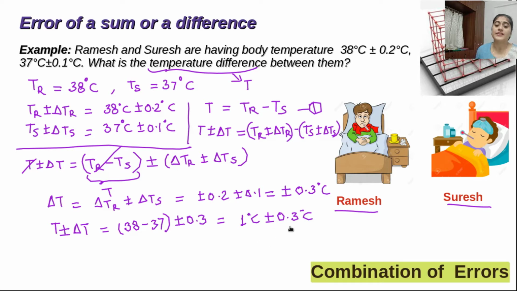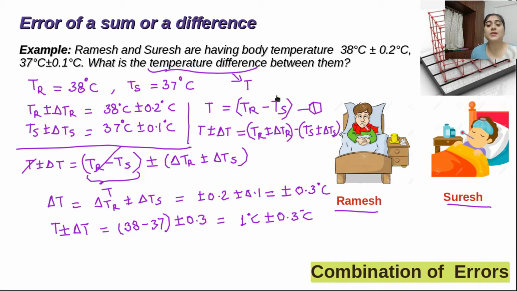Here we have simply added the two errors, 0.2 and 0.1, and there was no coefficient like 2, 3, 4, so we did not multiply by any coefficient. Whether it is addition or subtraction, in both cases we have to add the errors. So don't be confused.